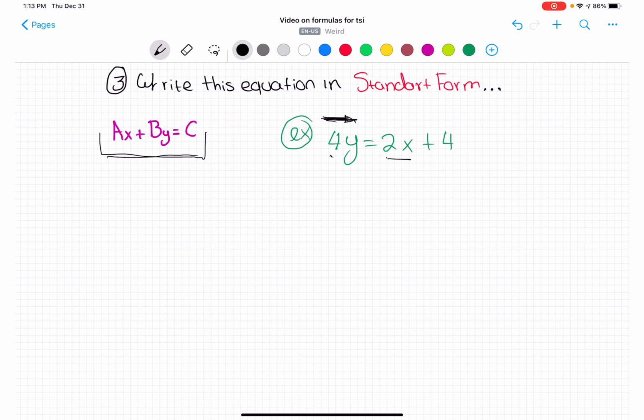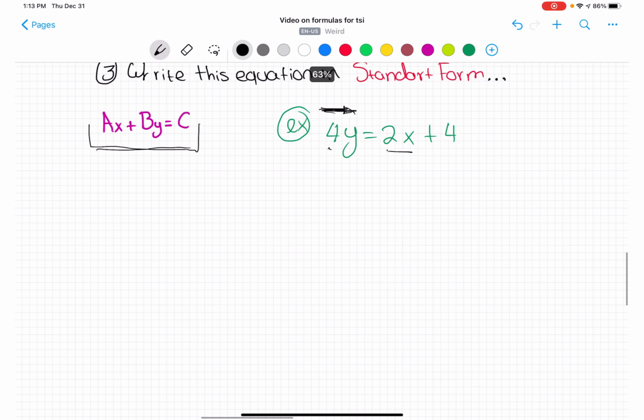So for example here, since we want ax plus by equals c, we're going to put this equation into standard form. 4y equals 2x plus 4. Since we only have one constant here and nothing more on the other side, I'm just going to leave 4 there.